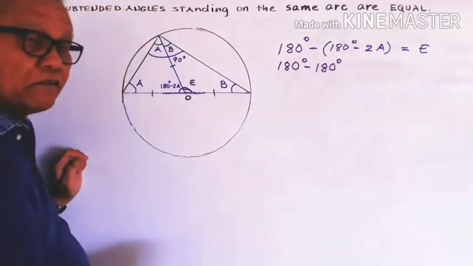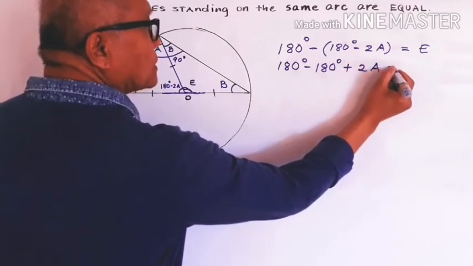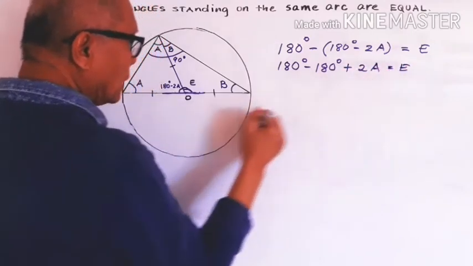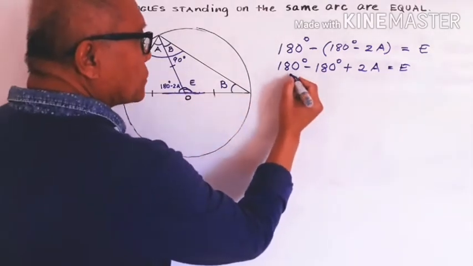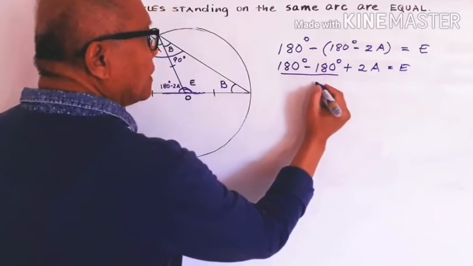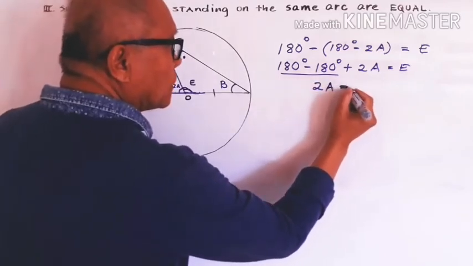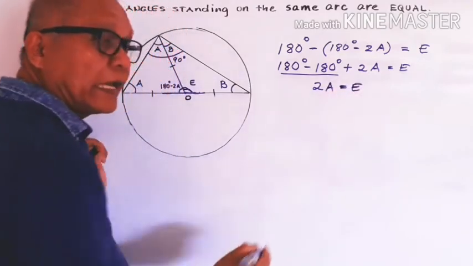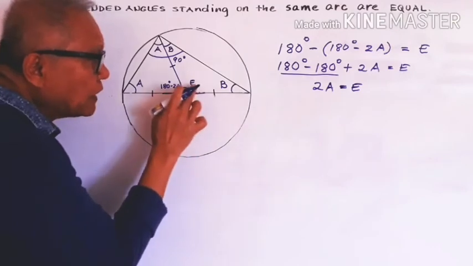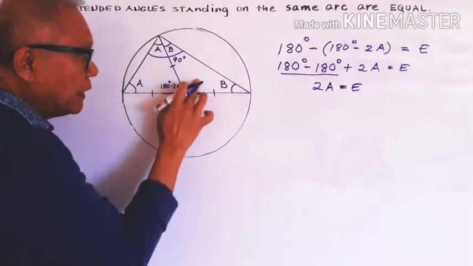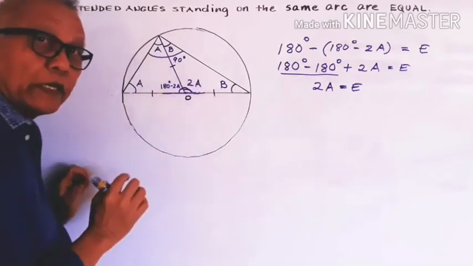Negative and negative is positive, and we have 2A is equal to angle E. Therefore, I'm going to replace it, because this angle here is actually 2A.